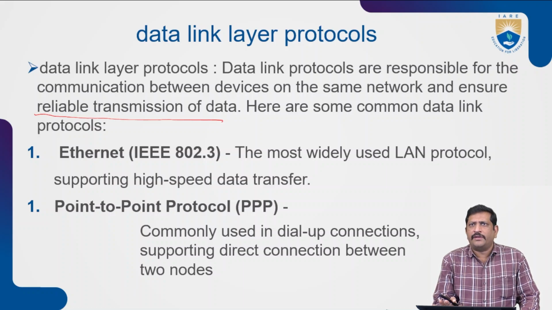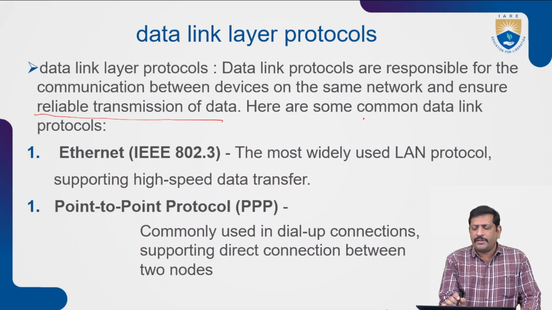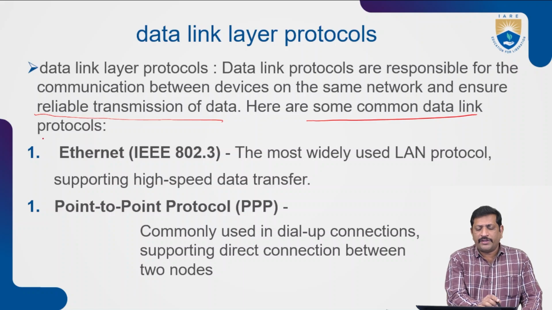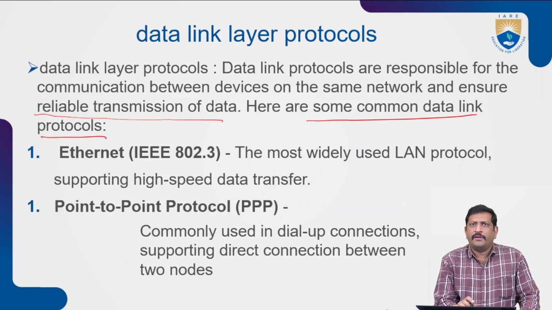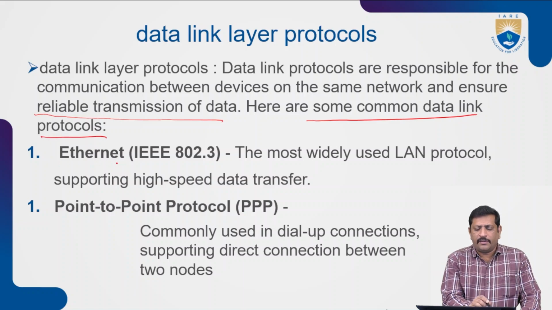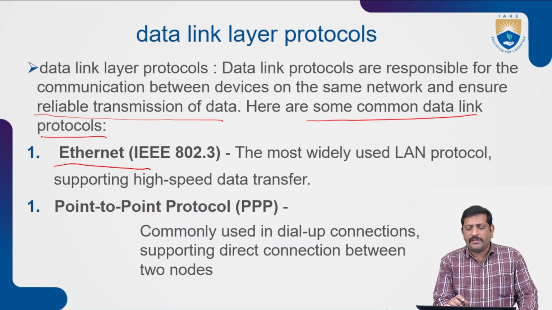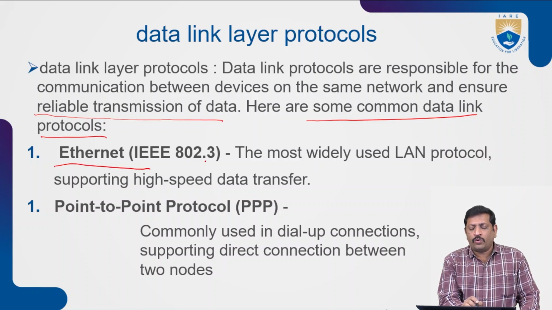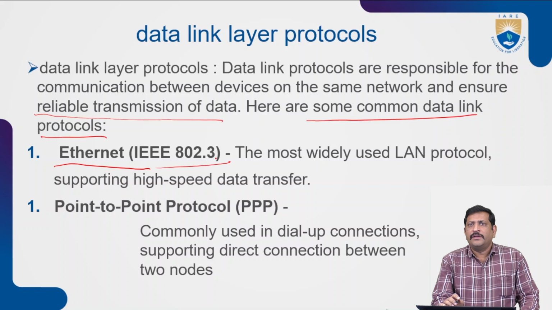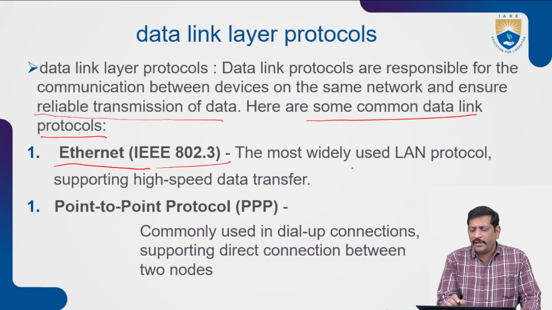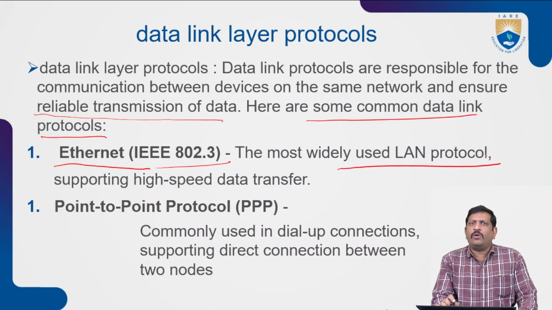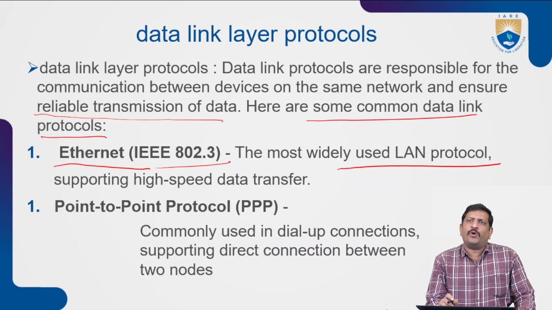Some of the common data link protocols used over a communication medium: the Ethernet protocol, that is the IEEE 802.3 protocol. This protocol is mostly used as a local area network protocol.